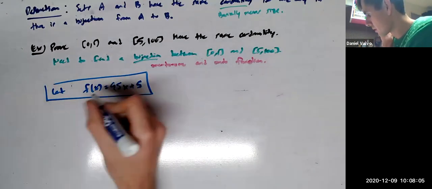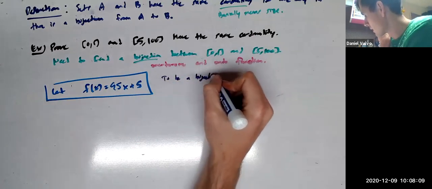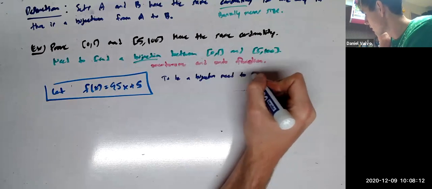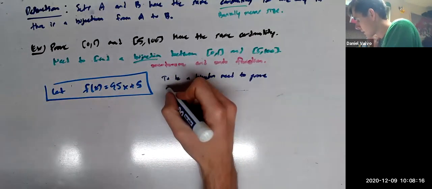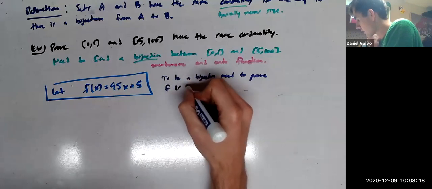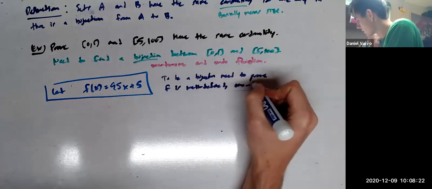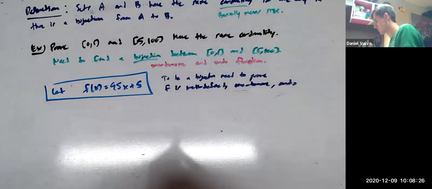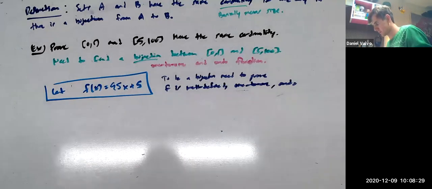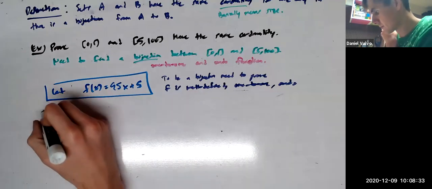We need to prove that f is well-defined, one-to-one, and onto. So let's do well-defined first.